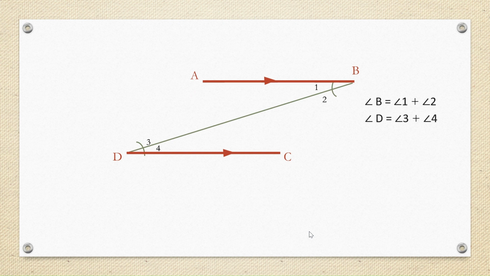This BD is making angle 1 with the AB line and angle 4 with the CD line. And these two are on either side of transversal BD, so they are alternate interior angles. And the statement of the parallel lines is that these angles have to be equal. Considering that, we will write angle 1 is equal to angle 4.